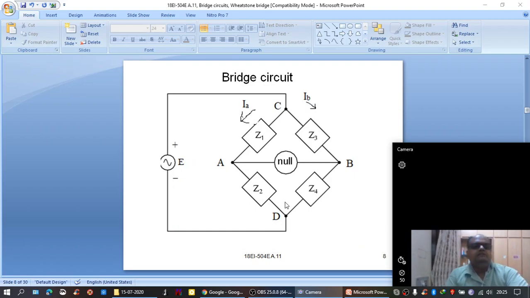Instead of using the variables, it can be generalized as: at bridge balance, the product of the impedances in opposite arms is equal.